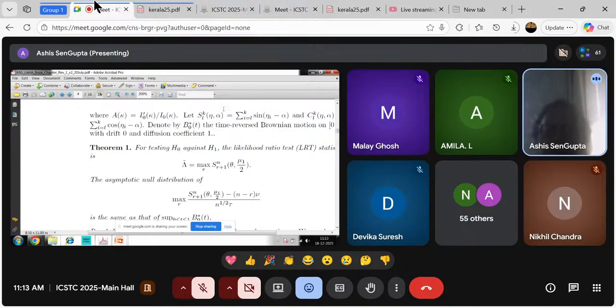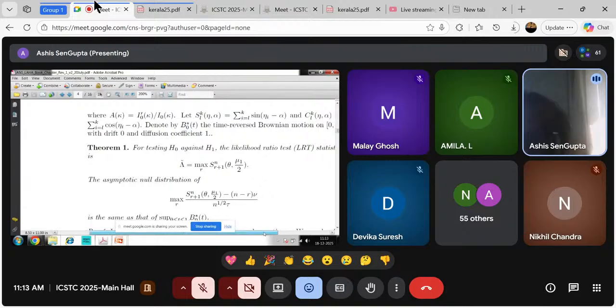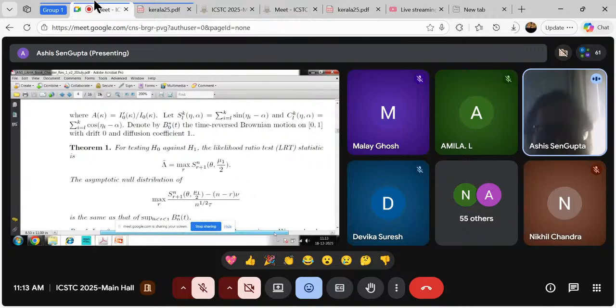And then let's denote by V0 star T the time reversed Brownian motion that we have on 0 1, with a drift. Of course, R is a regular likelihood test.